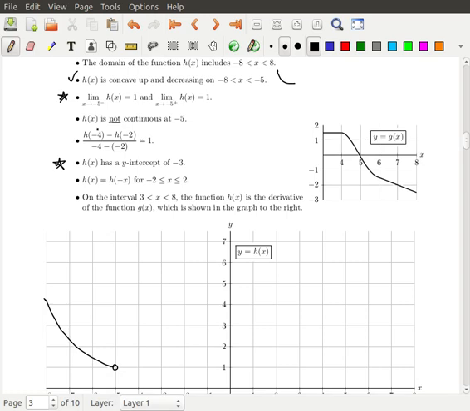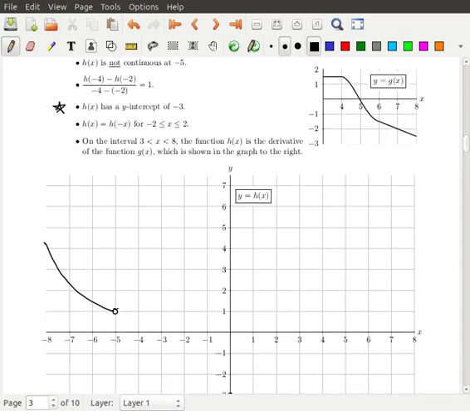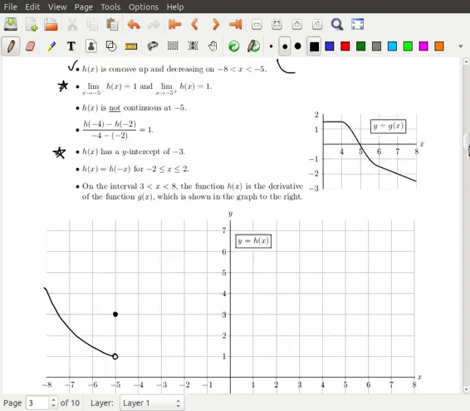Already thought about this limit one. h of x is not continuous at -5. So that means even though these limits agree on the left and the right, it shouldn't be continuous, so we need to have some kind of jump discontinuity. Let's go ahead and just put one in. Doesn't really matter where it goes as far as I can tell.